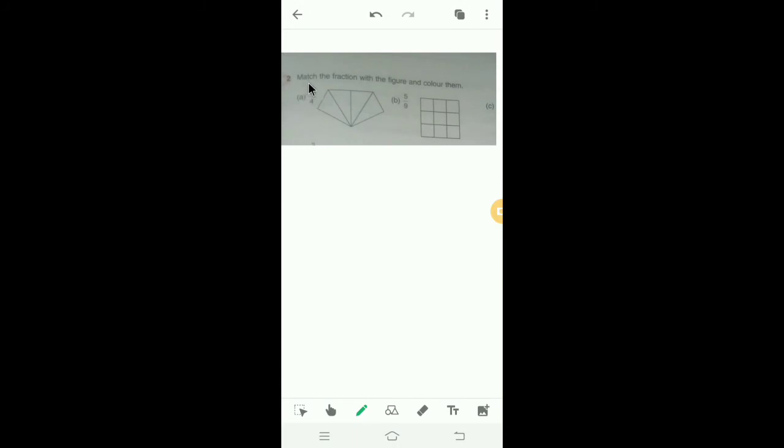Let's solve B. Match the fraction with the figure and color them. Here first one, 2 by 4. That means 2 out of 4 parts is under consideration. So we have to color 2 parts.